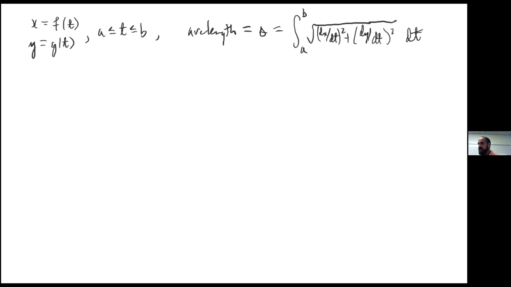So you get a tiny distance in x and a tiny distance in y. What's the length of the hypotenuse? It would be the square root of dx squared plus dy squared. Basically you reimagine that in integral form, and you end up getting the formula for arc length.